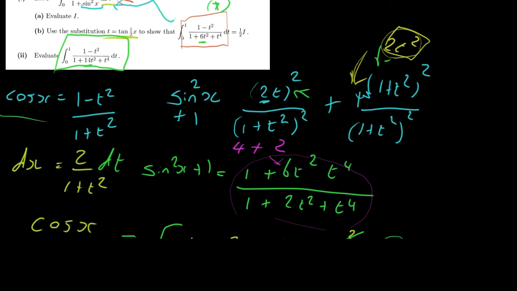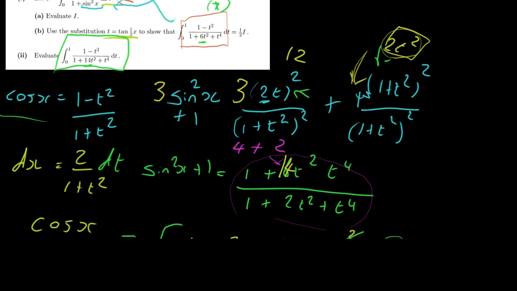But what I could do is add some multiple of sine squared, right? And in fact, that's the key to doing the question. If I add 3 sine squared, what will happen now is I'll have 3 times the 2 squared. And that'll just give me 12t squared. And then, of course, when you add 2t squared, that'll just change to a 14.